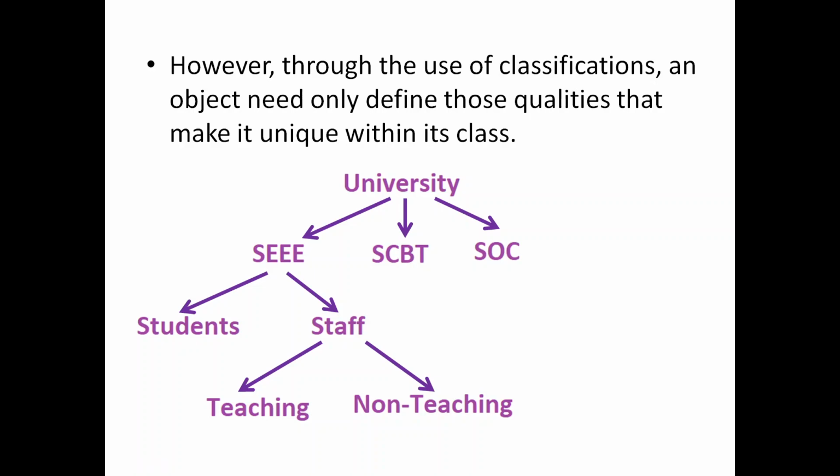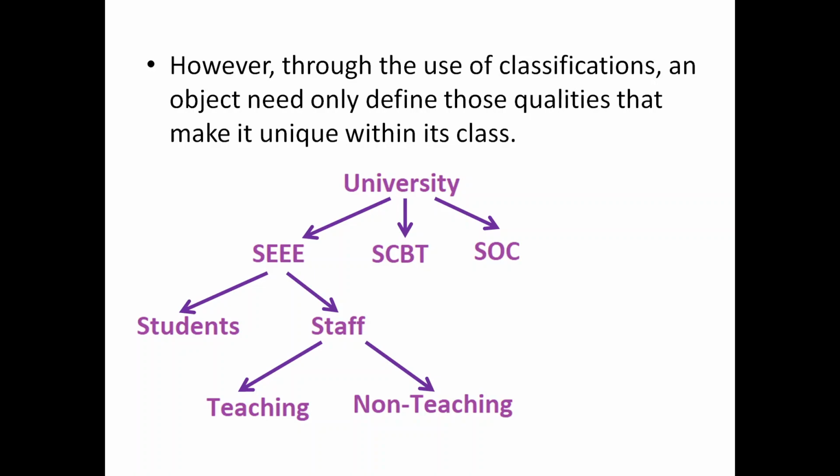The student class will inherit all the details of the base classes. So university SEE will be automatically inherited by the student. That is the advantage. You don't need to repeat everything. You only include what is unique for the class.